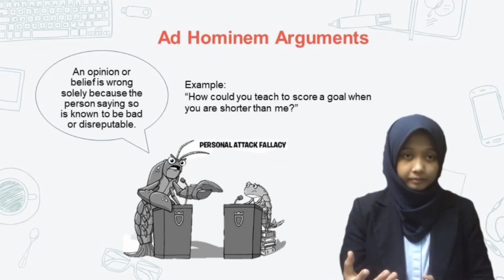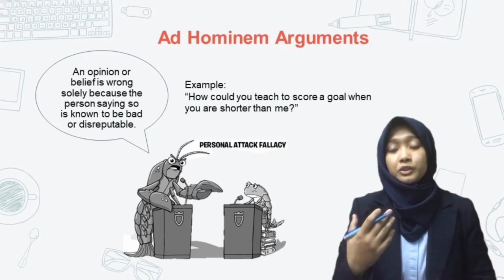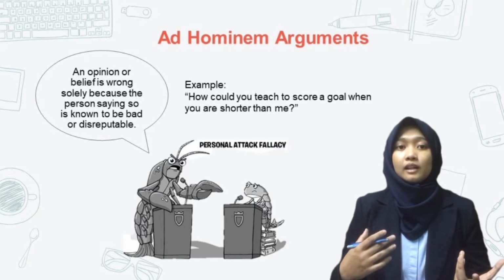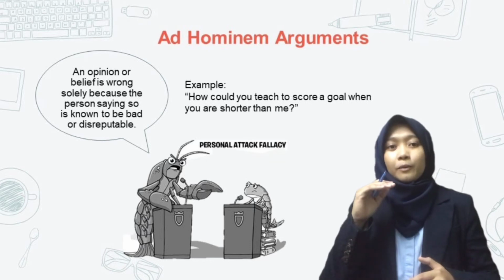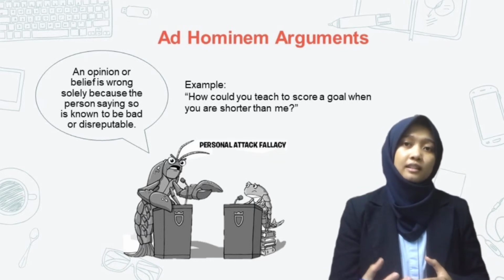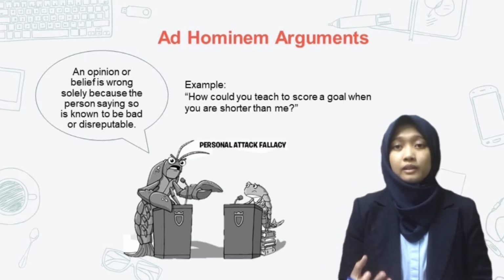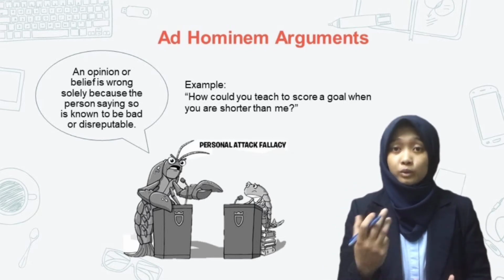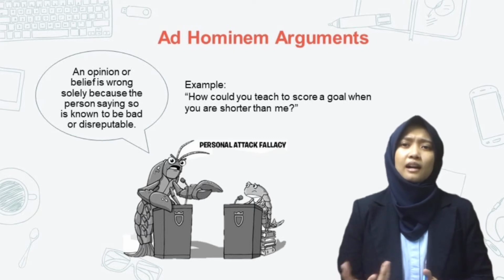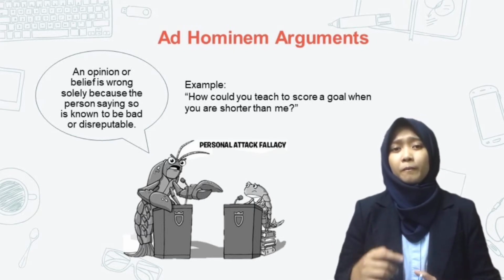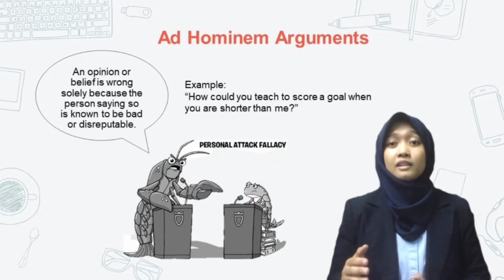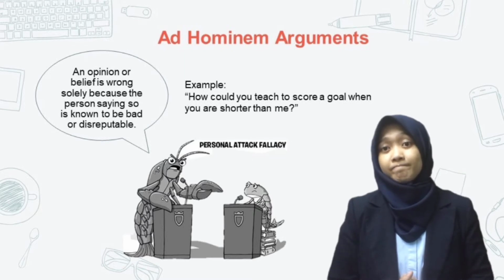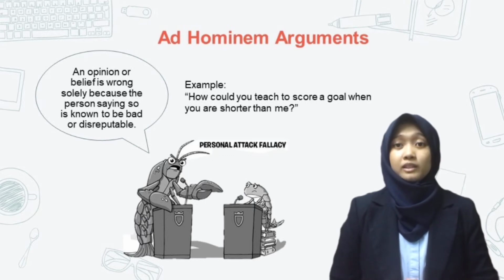For example, when Adli wants to share skills, Adli is taller than Rizman. So when Rizman wants to share the skill with Adli on how to shoot the perfect shot, Adli argues to Rizman, how could you teach me while you are shorter than me and you are a new guy in my team. That is an ad hominem argument.